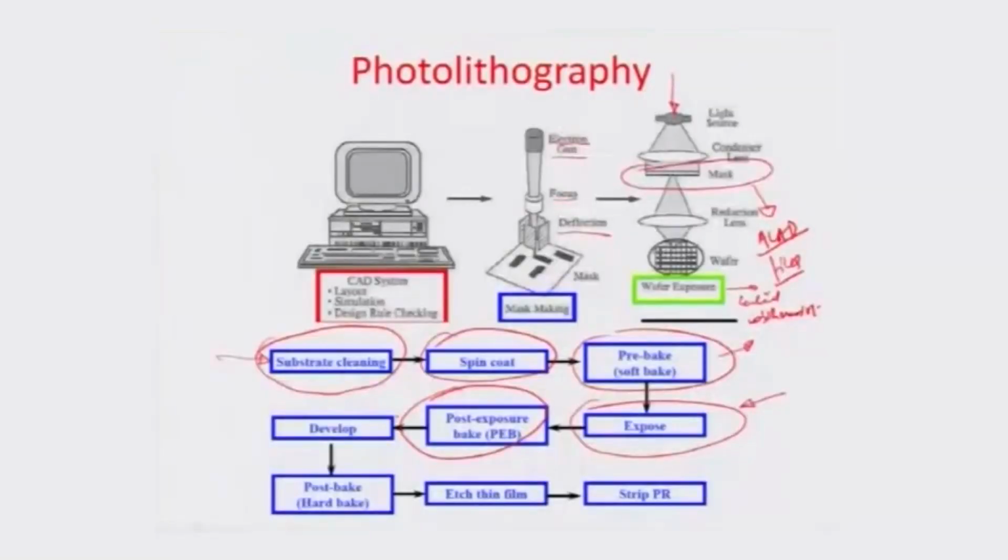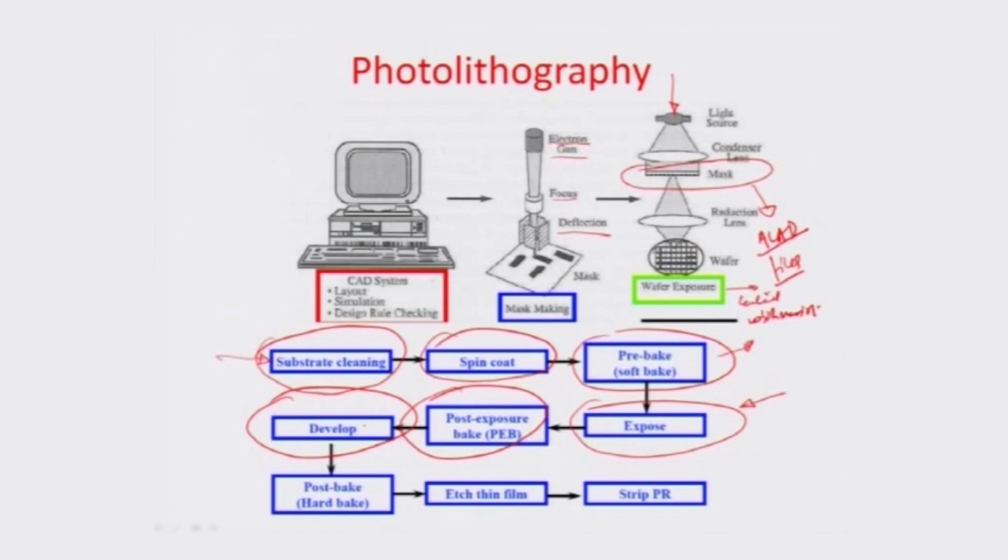So, after doing this post exposure bake, you do the development of the resist by using a solution which takes away the resist which is either exposed or unexposed, depending on the type of the resist that we are using.